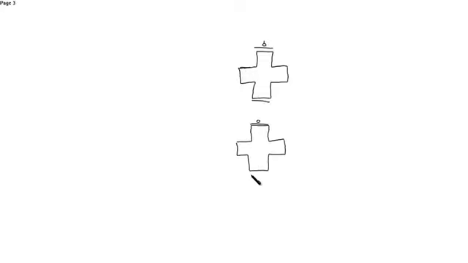So in the schematic diagram, we have transmission gate 1, this is transmission gate 1, and this is transmission gate 2.